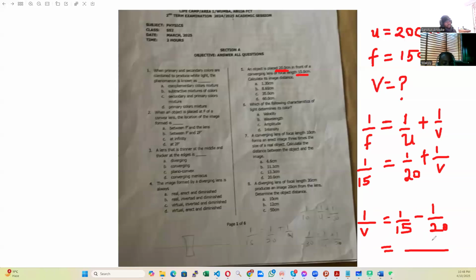So the LCM is 60. Here you will have 4, and here you will have 3. So this will give you 1 over 60. So that means V is equal to 60 cm.